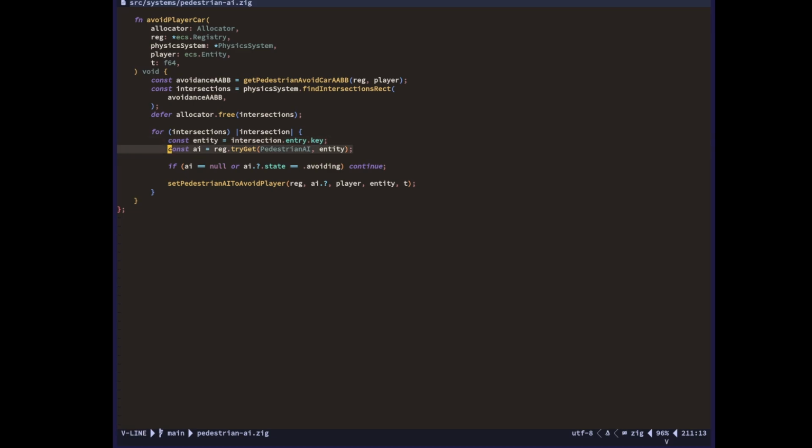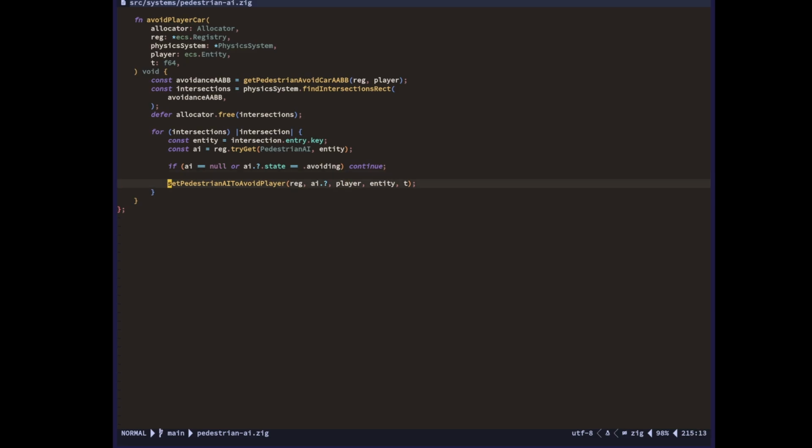But since we might get other stuff that is not a pedestrian, we use try get here in the ECS system to try to get something, and then we get a nullable component. So we have to check, is it null? If it's null, then it did not have the pedestrian AI component, so it's not a pedestrian, so we can continue. But if it is a pedestrian, we also want to check if it's already avoiding the car. If it's avoiding the car already, we don't want to do anything either. We can just let the pedestrian avoid the car.